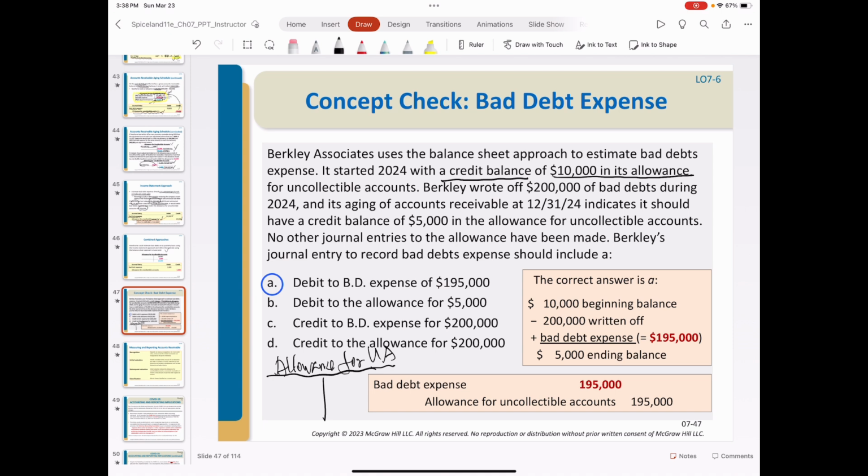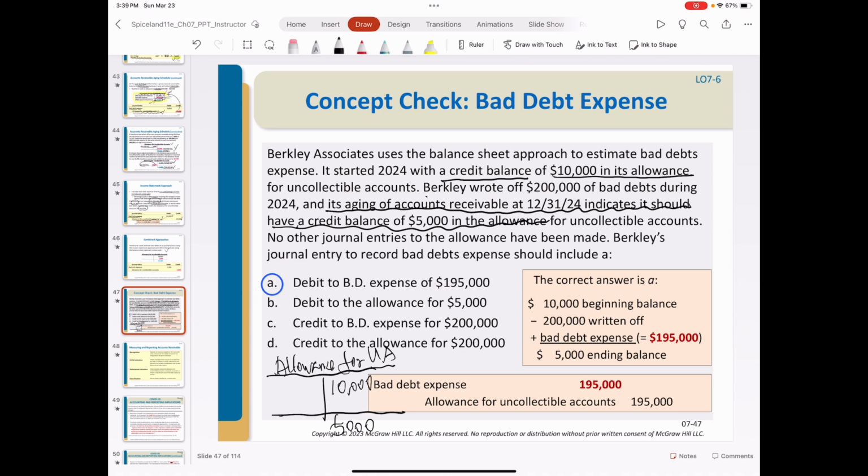We are given the beginning balance was $10,000 credit, so we put the number on the right. And also, we are given that by the end of this year, using the aging method, the credit balance is $5,000. We don't calculate it, we're just given the ending balance of this account, $5,000.